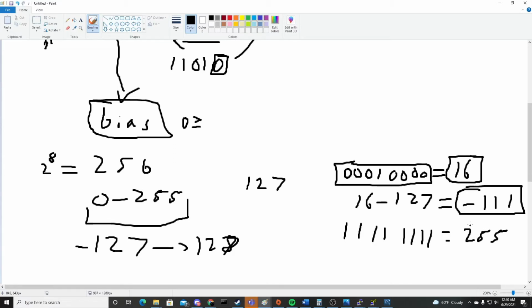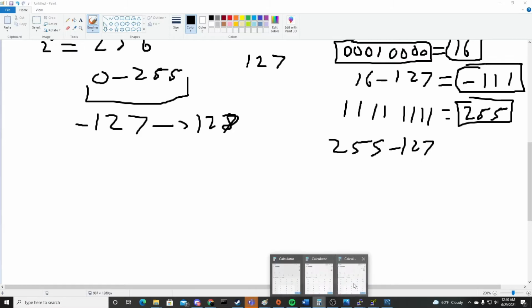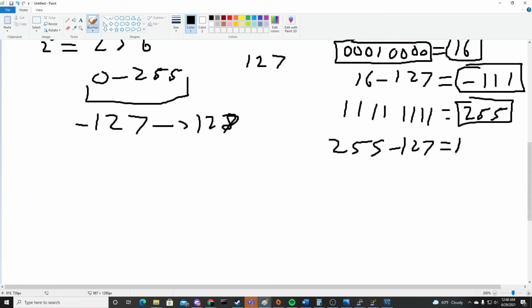Instead of the exponent being 255, it's actually going to be 255 minus 127, which, again, let's use our calculator, no shame in that, gives us 128. So this is the value of the exponent for this number.